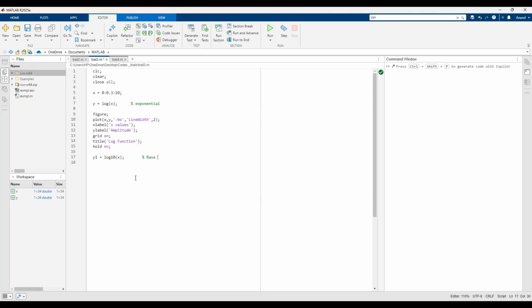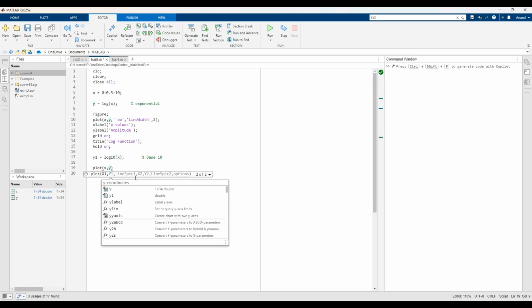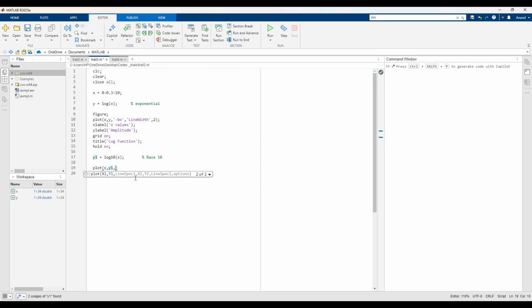The next thing is just plot x comma y1, and then I would add a red color. So I'll just write r, and the line width, I've taken only 2 earlier, so that's why it is 2 here also.